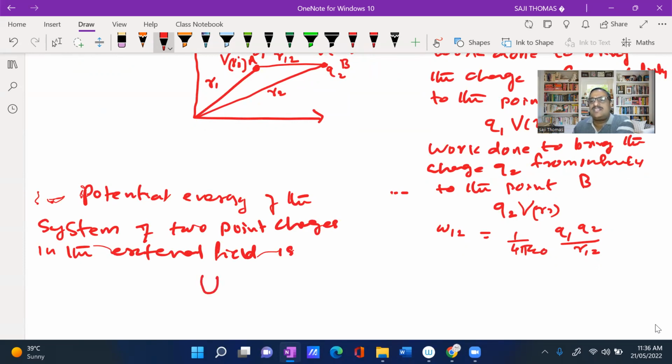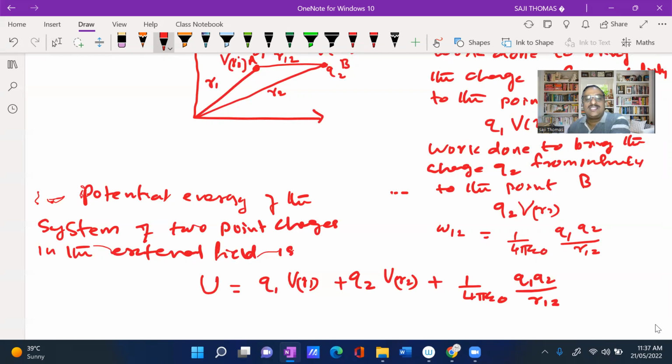I am writing potential energy as U. So what are the three terms? Q1 into V(R1) plus Q2 into V(R2) plus 1 by 4 pi epsilon 0 Q1 Q2 by R12.